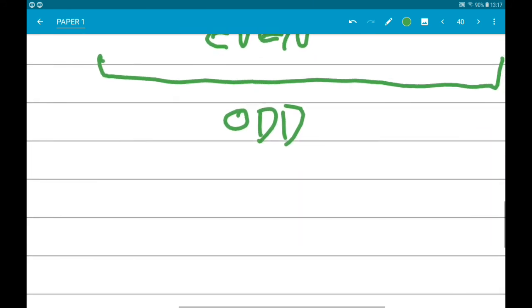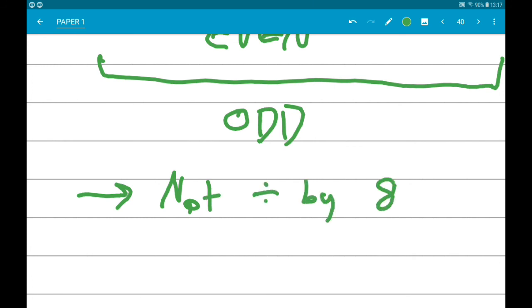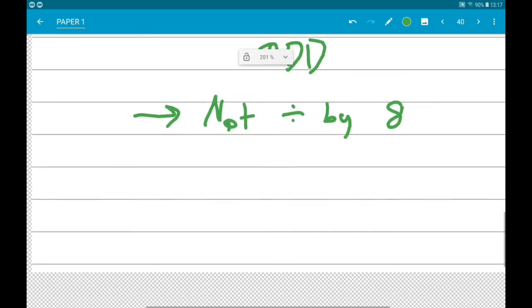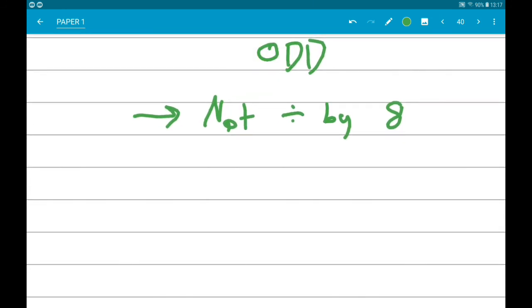Therefore, not divisible by 8. So we should then finish by saying that therefore for n in the naturals, n cubed add 2 is not divisible by 8.